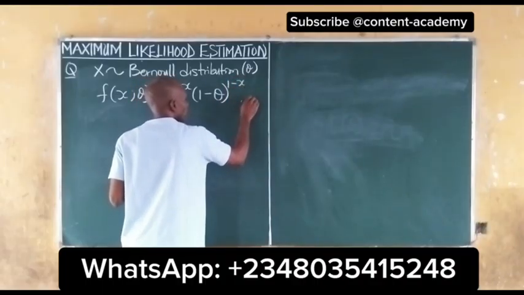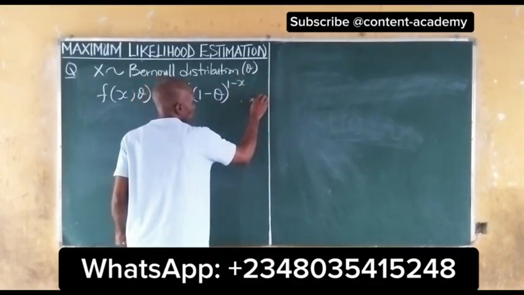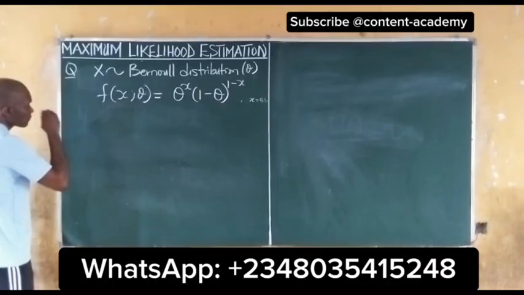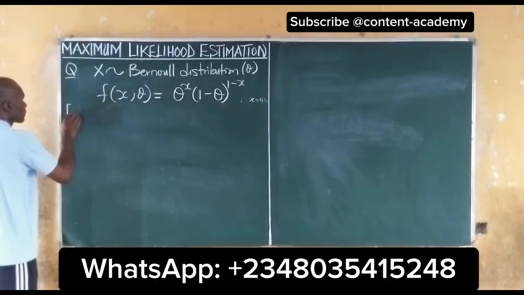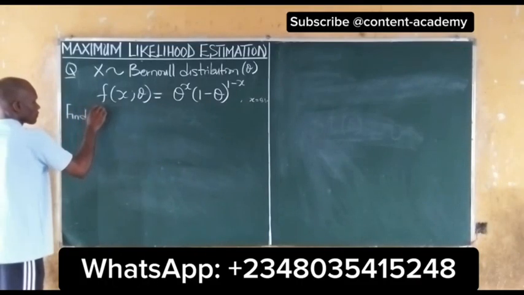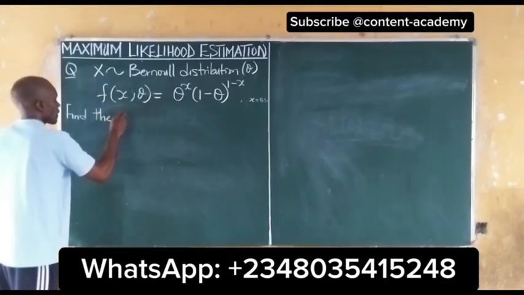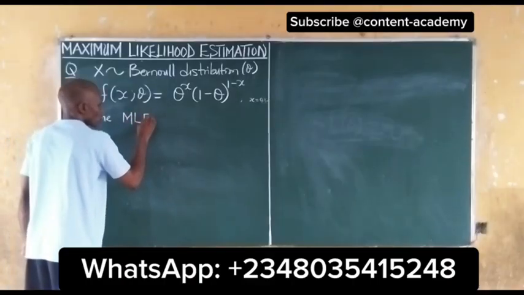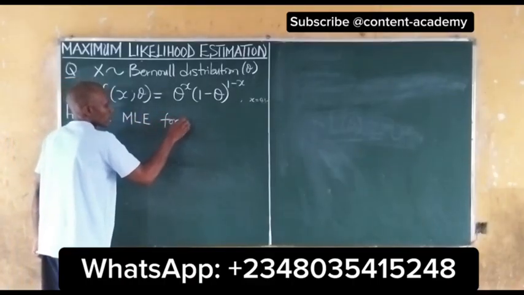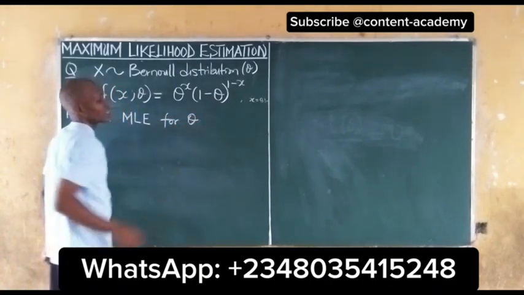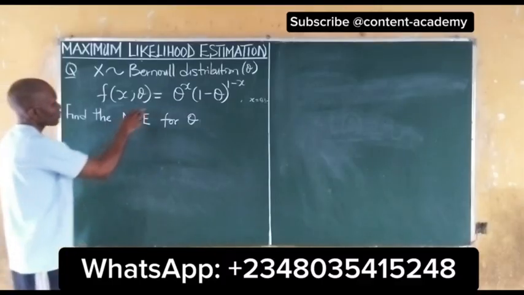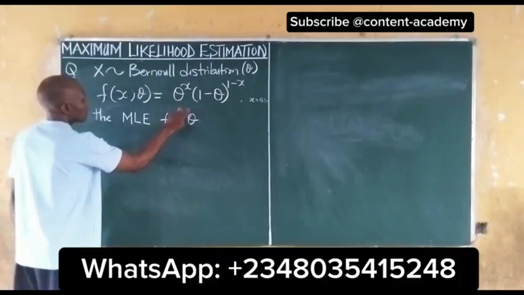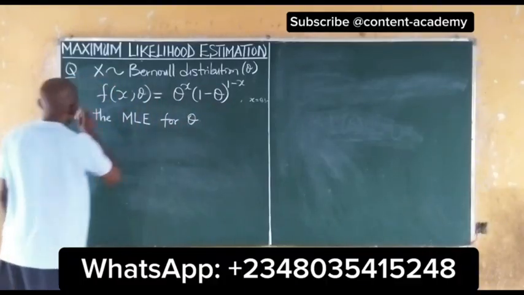Of course, we know that x will be equal to 0, 1. So, find the maximum likelihood estimator for theta, because theta is the parameter here. So we are asked to find the maximum likelihood estimator for theta, given the distribution.